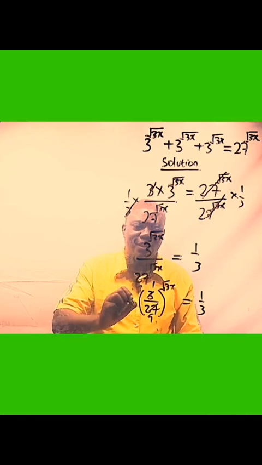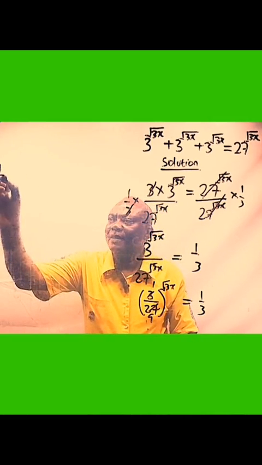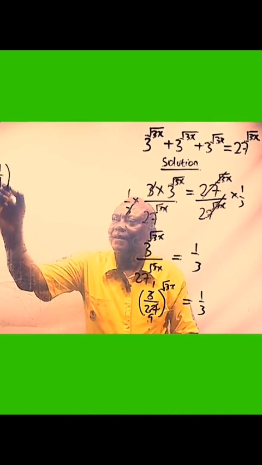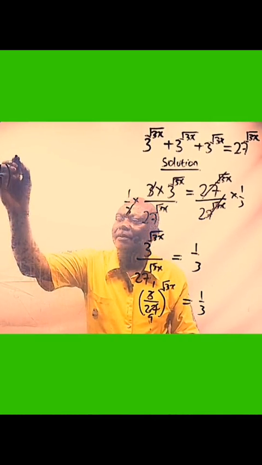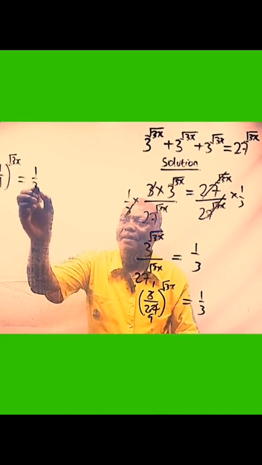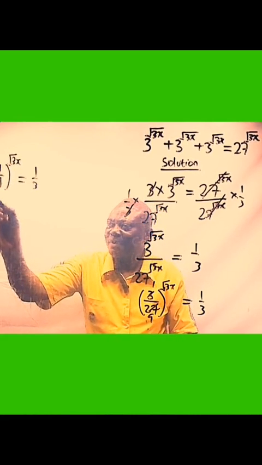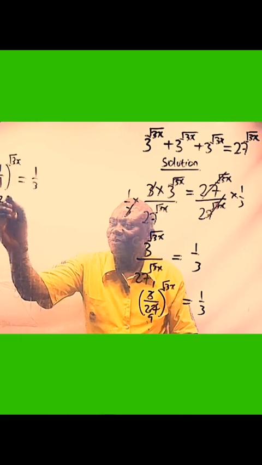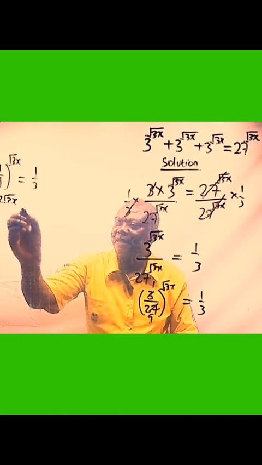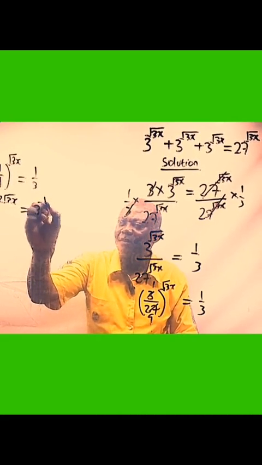So it now gives us 1 over 9 to the power of root of 3x, everything will be equal to 1 over 3. So this one I can write in the form of 3 raised to the power minus 2 root 3x, and it equals 3 raised to the power minus 1.